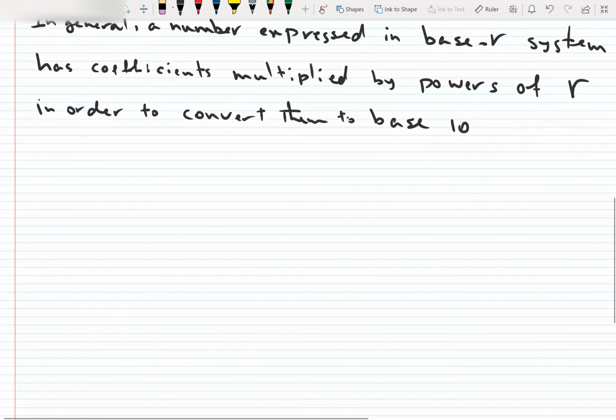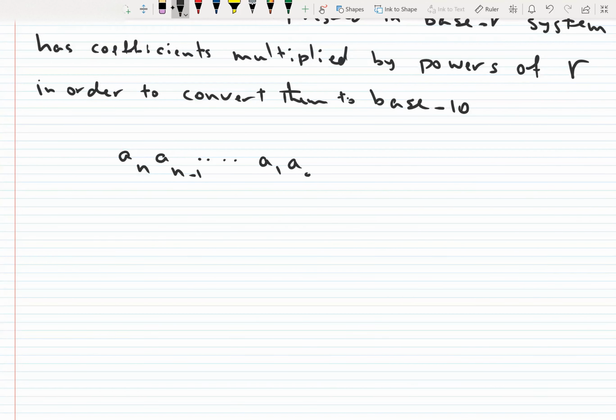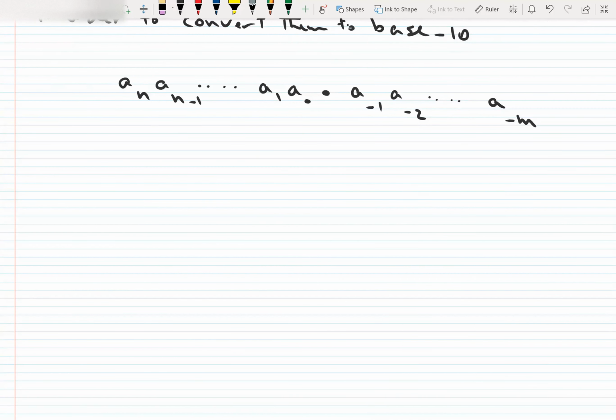Let's see. If we have this number in base R, let's say a sub n minus 1 up to a1, a0, radix point, a minus 1, a minus 2, a minus m, and we want to convert it to base 10, what should we do?